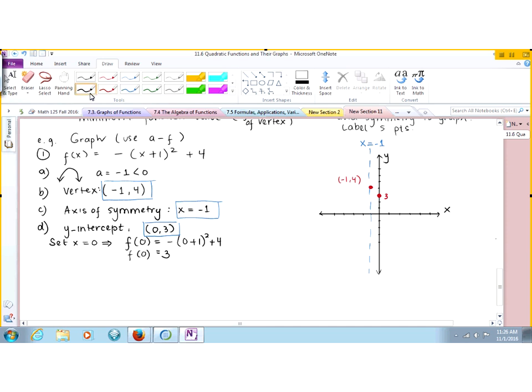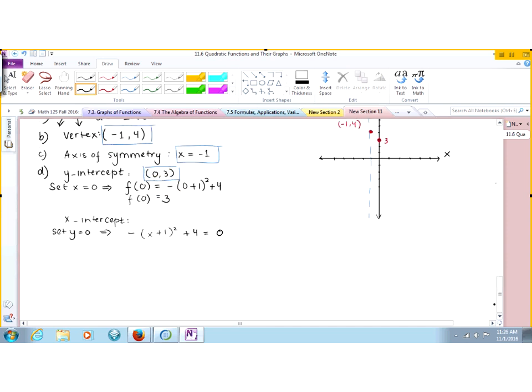Right? Do we want to try to find the x-intercept? So yeah, we could do it. So x-intercept. I think we could practice, right? How do I find the x-intercept? Set y equal to 0. So negative (x plus 1) squared plus 4 is equal to 0.